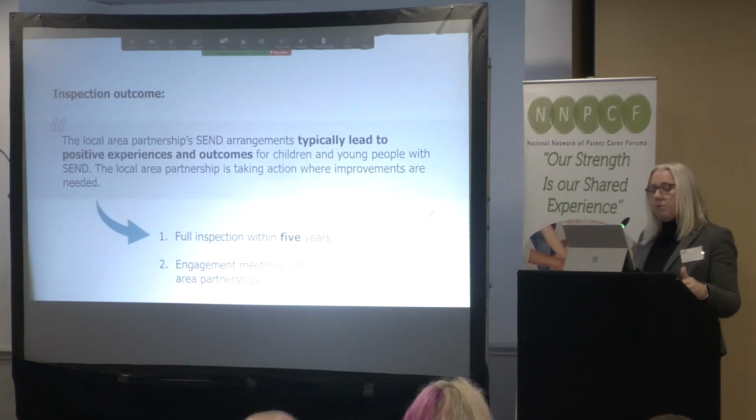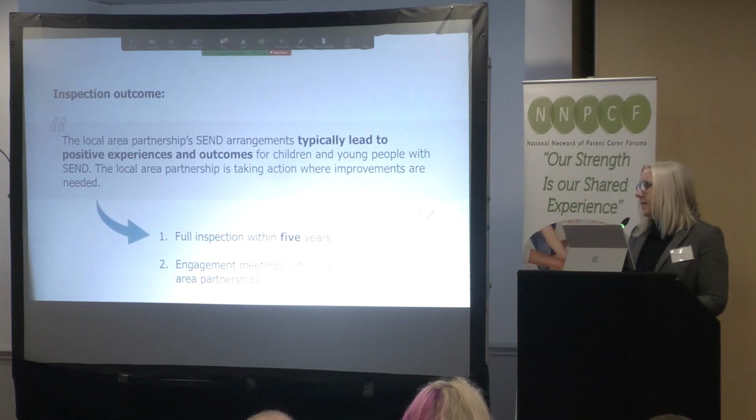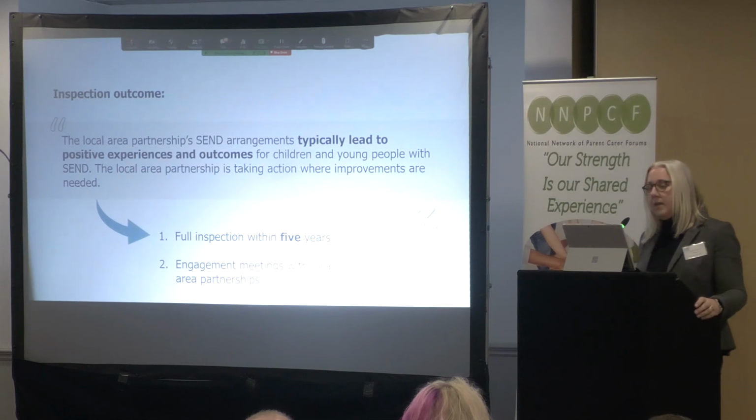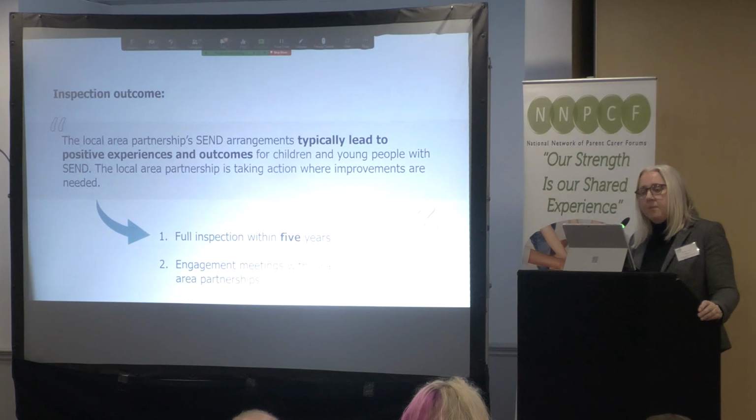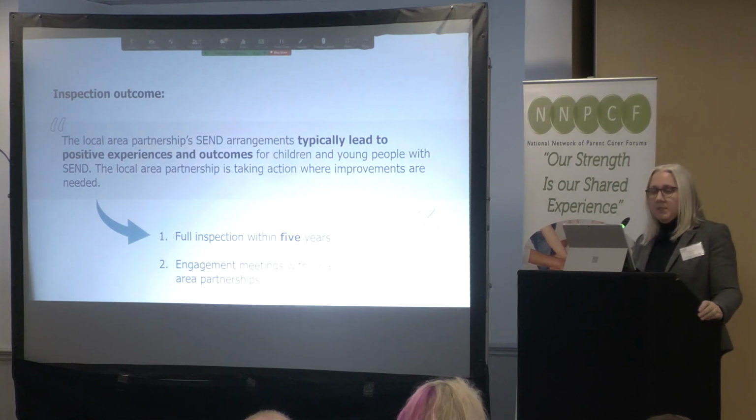So in terms of those three outcomes, there was huge deliberation and input into what those outcomes look like. There are three. The first one is that the local area partnership's SEND arrangements typically lead to positive experiences and outcomes for children and young people with SEND, and that the local area recognises and is taking action where improvements are needed.